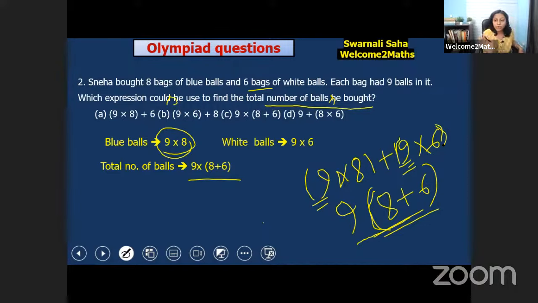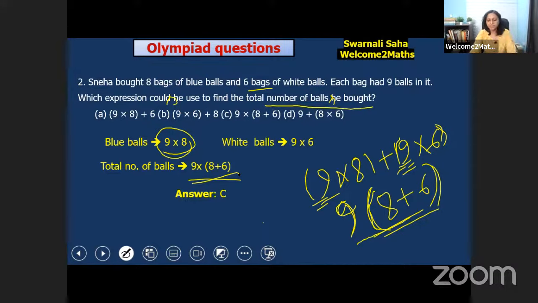We have to add the total, but here we don't need to do the multiplication, because they want the expression only in the question. So that is why we wrote it in this way. And here 9 and 9 is the same. So we'll take 9 common here and 8 plus 6 left. So that's why this is our answer, 9 into 8 plus 6.